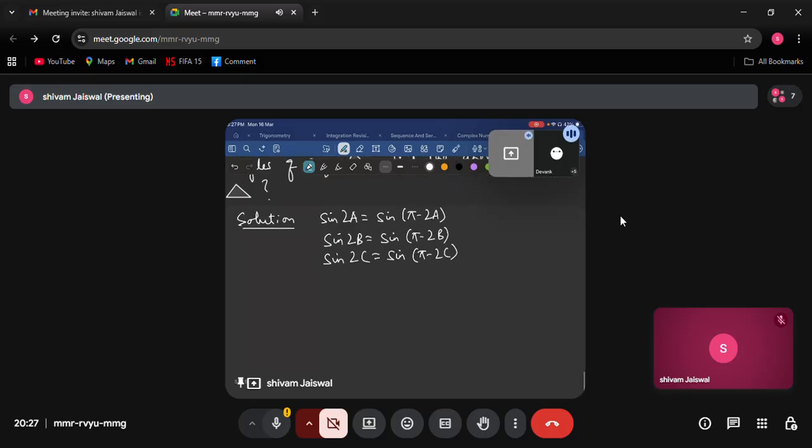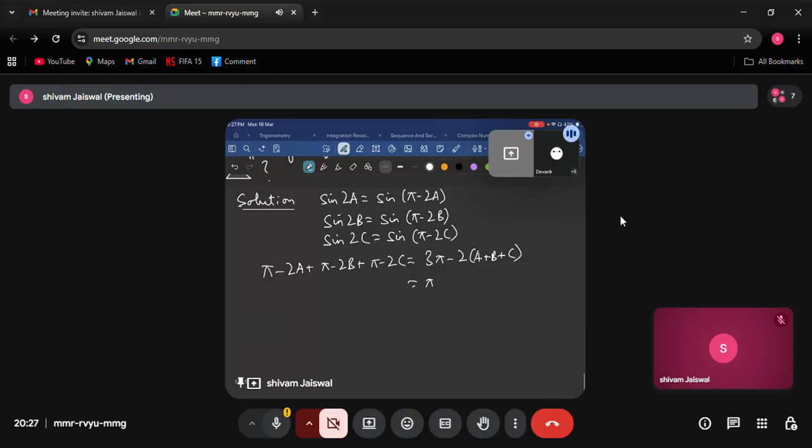So over here, what do we get? Now let us add pi minus 2A plus pi minus 2B plus pi minus 2C. It is equal to how much? 3 pi minus 2 into A plus B plus C. Is it coming as 180 degrees? Tell me, everyone. It's pi only.